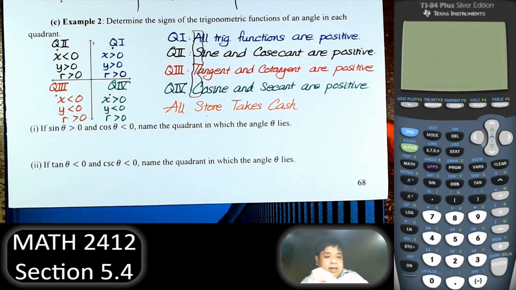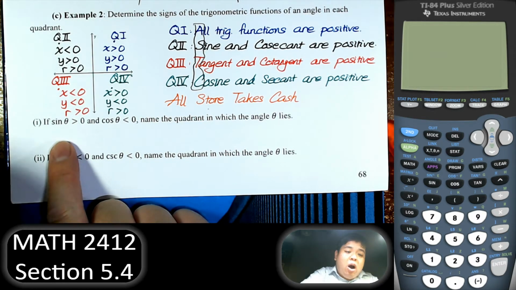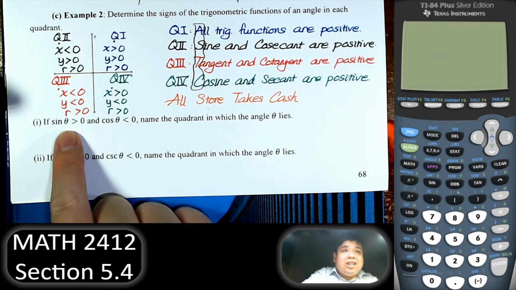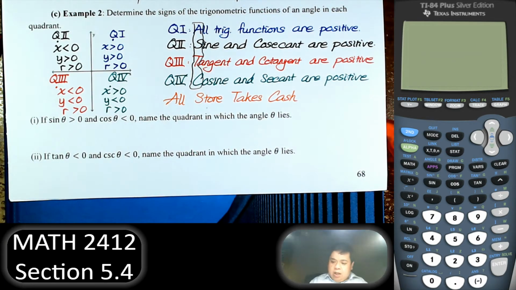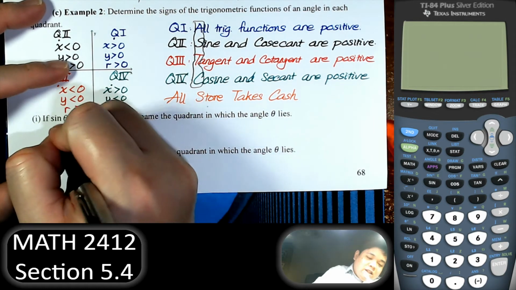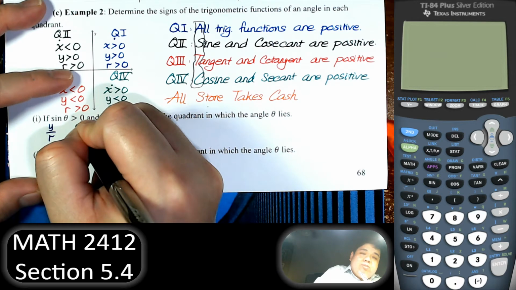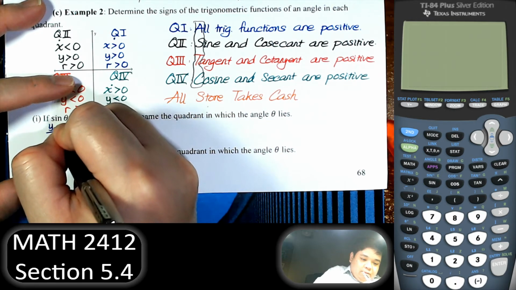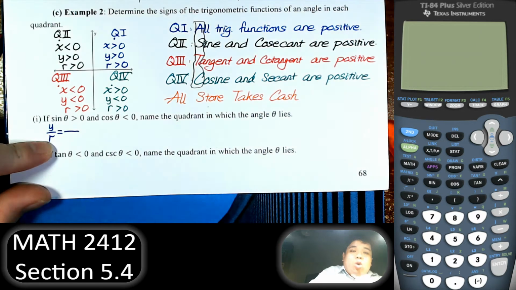Now, let's look at this. Determine what quadrant it is, so that sine is positive, cosine is negative. So what is sine? Sine is y over r. It is positive. By the way, r is always positive, right?